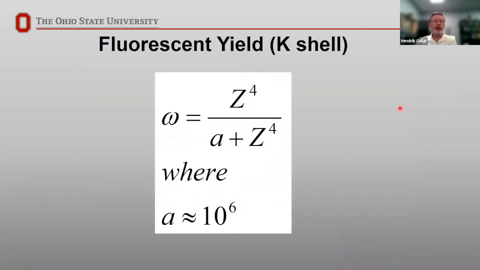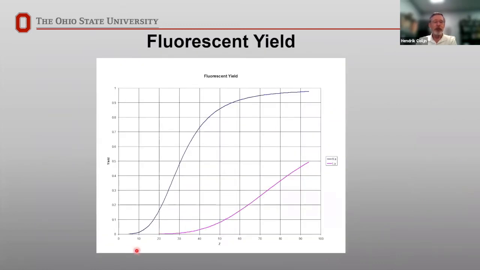The fluorescent yield, which is the probability of actually generating an X-ray from that ionized atom, there are, again, a number of models. This is a very simple model, but it does a pretty good job. So if you plot this out, this is atomic number on the x-axis and the fluorescent yield on the y-axis.